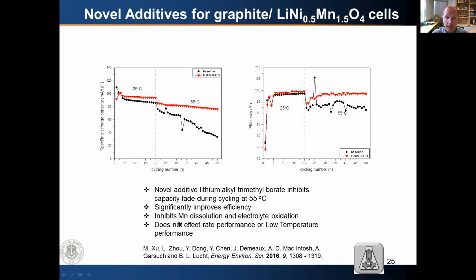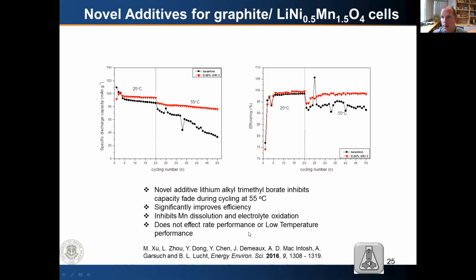These additives also significantly inhibit manganese dissolution and electrolyte oxidation on the surface of the cathode. Fortunately, and this is always a critical concern when developing novel electrolyte formulations, the presence of the additive did not affect either the rate performance or the low temperature performance.